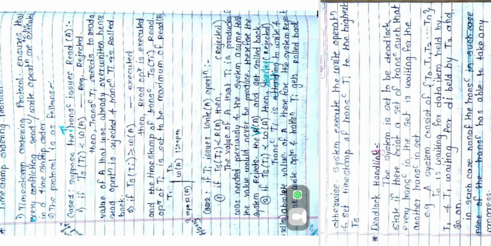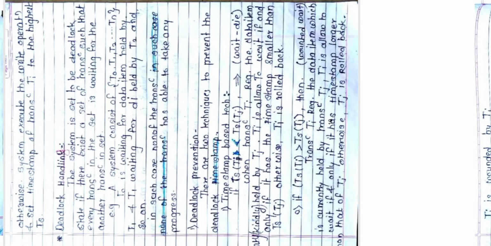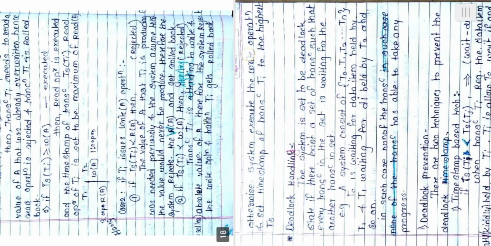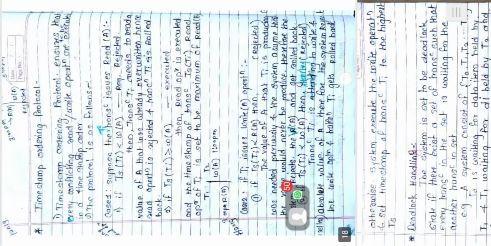There are two cases: when the transaction Ti issues a read request and when the transaction Ti issues a write operation. In each case there are two sub-cases. That we have also seen, and then I told you what we mean by deadlock handling. If there is a deadlock, then how to handle that is what we are going to study.